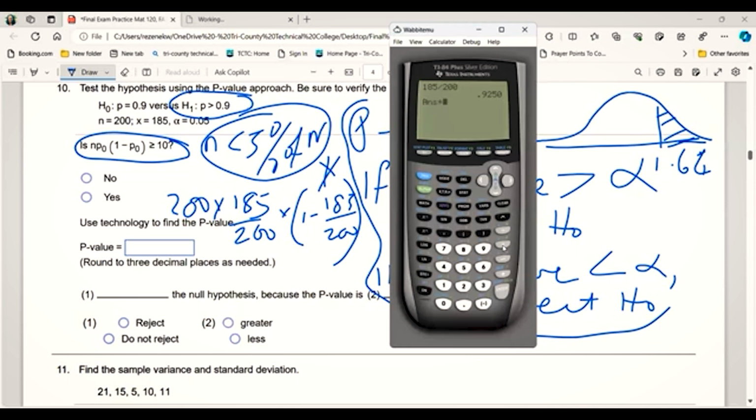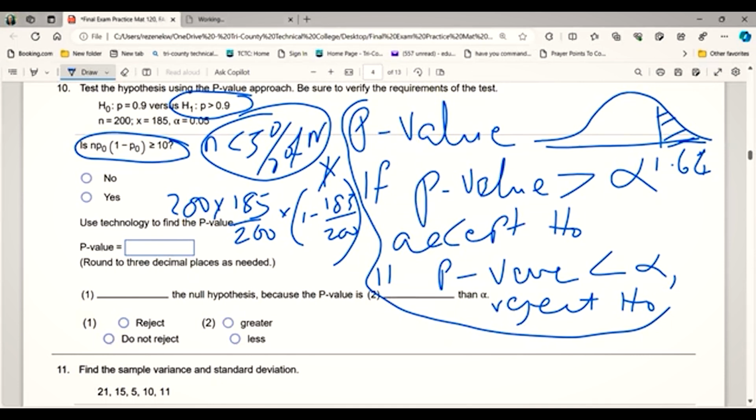Then I multiply that by the complement, which is 1 minus 0.925, and that is the q. I get an answer and multiply by n, 200. I'm checking the conditions. All right, so 13 or 14 right there. Actually, it is 13, so it is greater than 10, so the inference can continue.